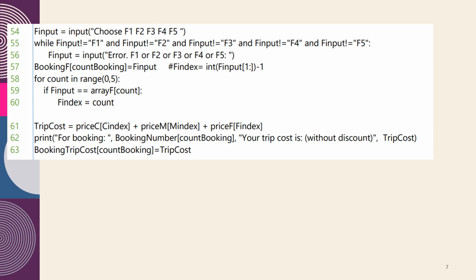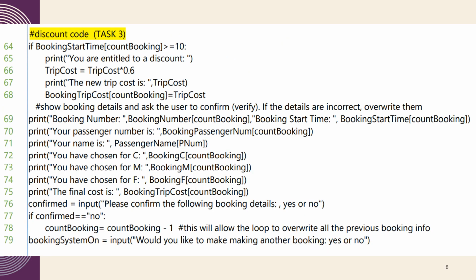Okay, so task 3 is embedded within task 2, and most likely they will ask you this for a 3-mark question on your exam. How did you figure out if they deserved a discount or not, and how did you calculate it? So lines 64, 65, 66, 67, 68 are task 3. If the booking start time of this particular booking, which is numbers count booking, is greater than or equal to 10, so they arrived at 10 o'clock or after 10 o'clock, print you are entitled to a discount.